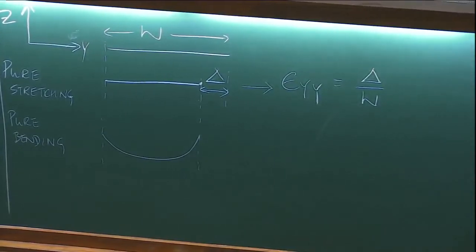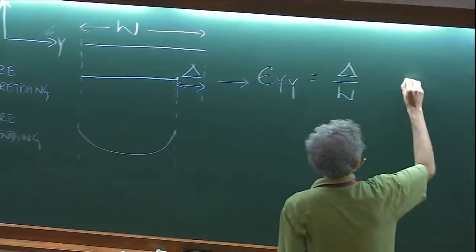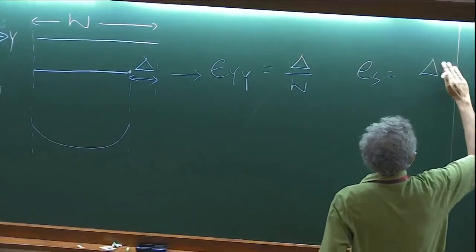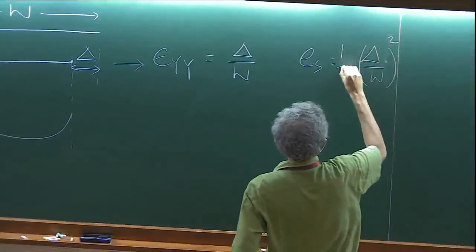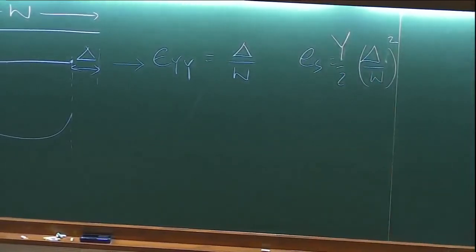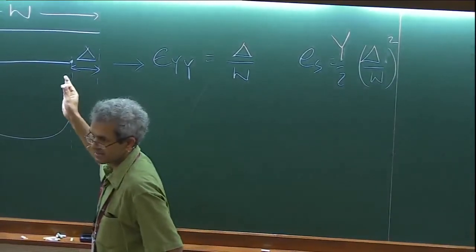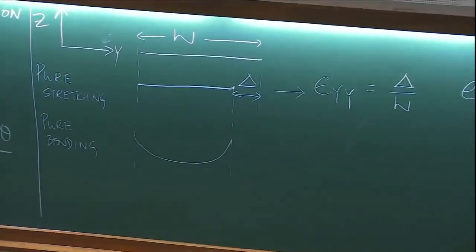That's done. So if you do it this way, the energy density for stretching is one half Y times delta over w squared. And then to get the whole thing I must integrate along this other direction, so this is energy per area.